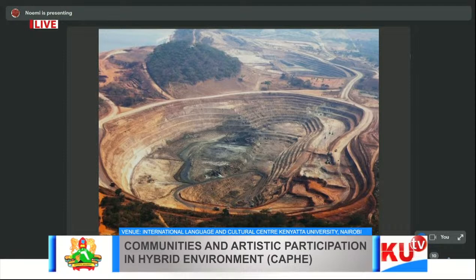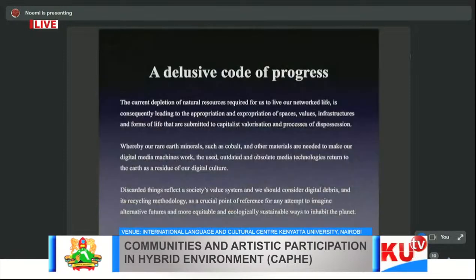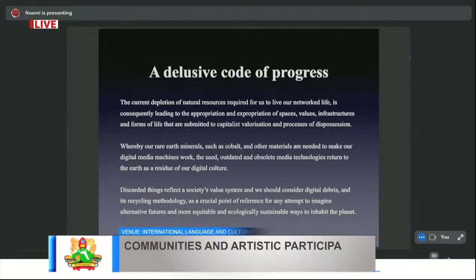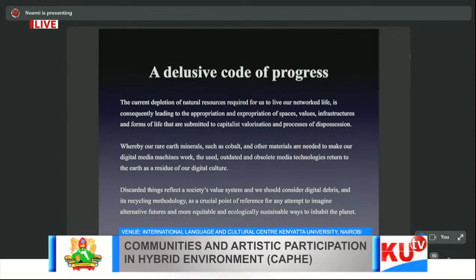This is an open pit mine. So we can understand this as a delusive code of progress, because this current depletion of natural resources required for us to live our networked life is consequently leading to the expropriation of spaces, values, infrastructures and forms of life that are submitted to capitalist valorization and processes of dispossession.